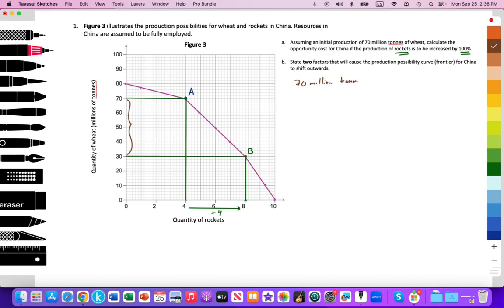tons of wheat minus 30 million tons equals 40 million. So we've lost production of 40 million tons.